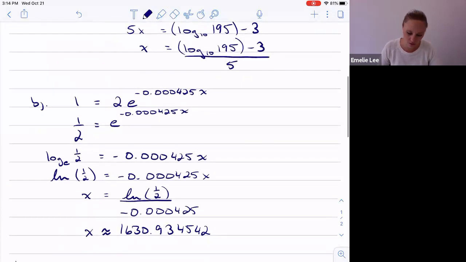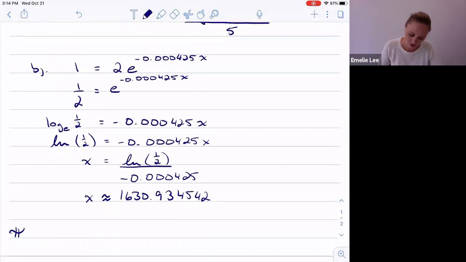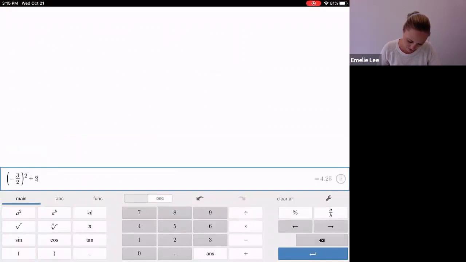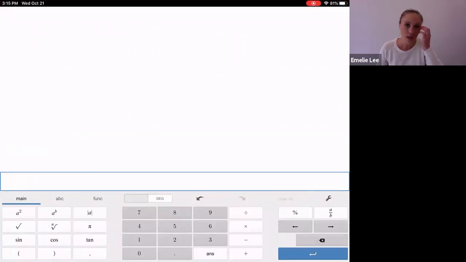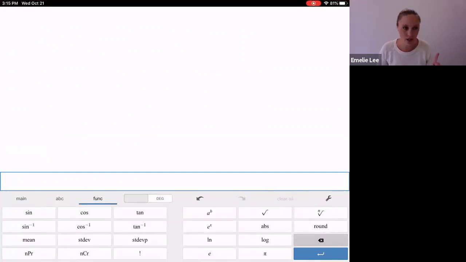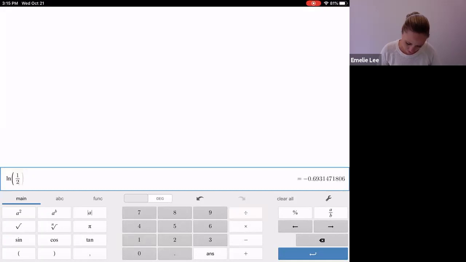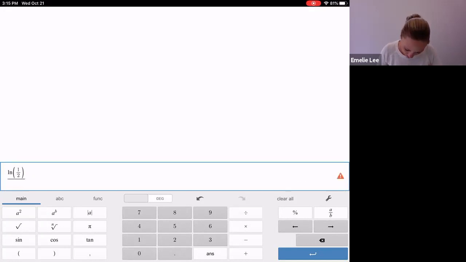If you have to put this into a calculator, I'll show you on the Desmos app calculator. Clear all there. So if I have to take the natural log, there's an ln button here, ln of 1 divided by 2. Make sure it stays inside the log there. End bracket, and then divide that by negative 0.000425.